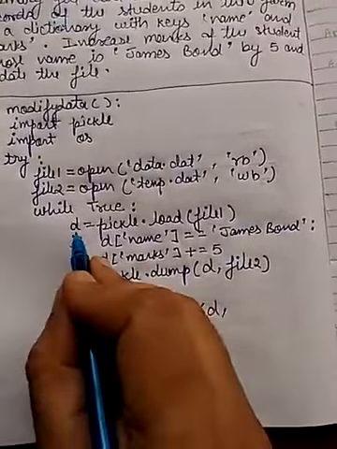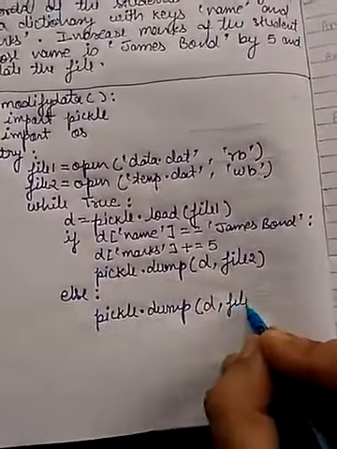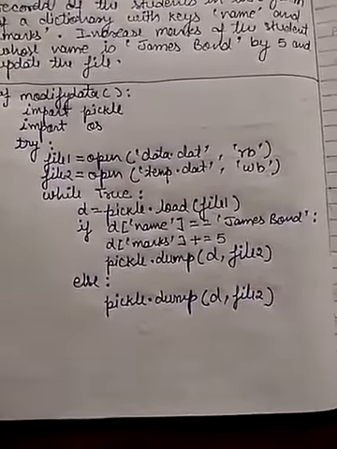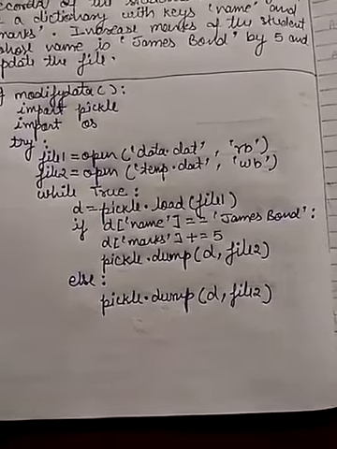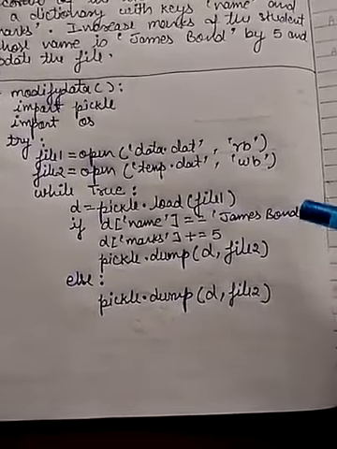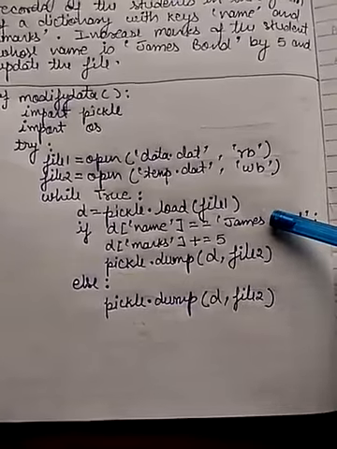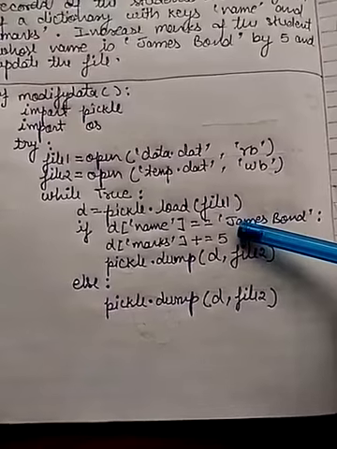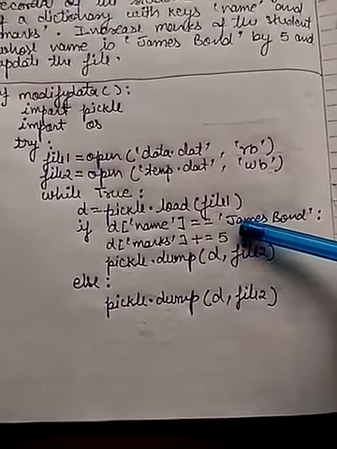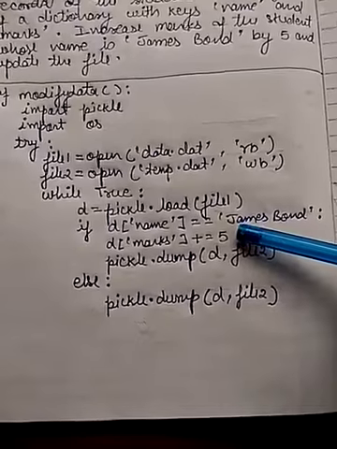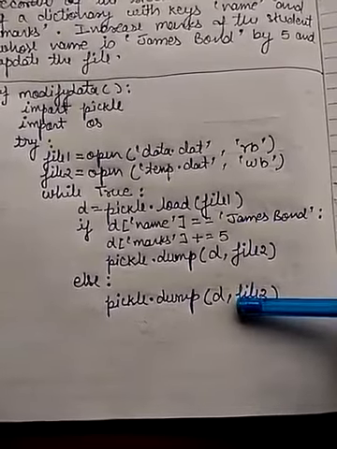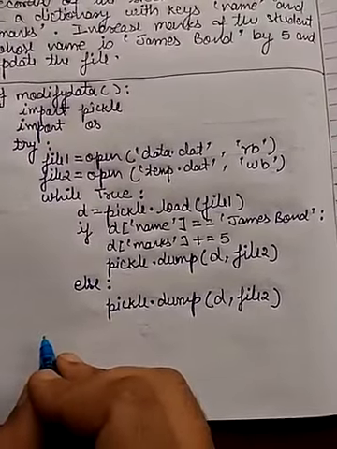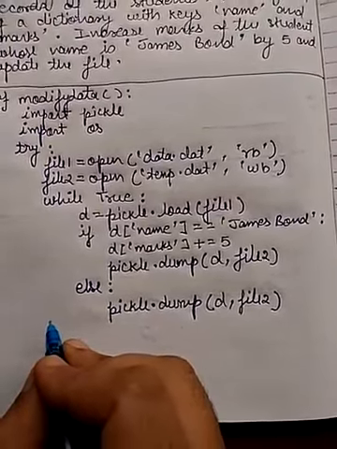The loaded dictionary, this one, in file2. So in this way all the records will be present in file2. If the name of the record is James Bond, then it will be there with marks increased by 5, and if the name of the record is not James Bond, then that will be there in the same format as it is. Now at the end of the file, we have to catch the exception.